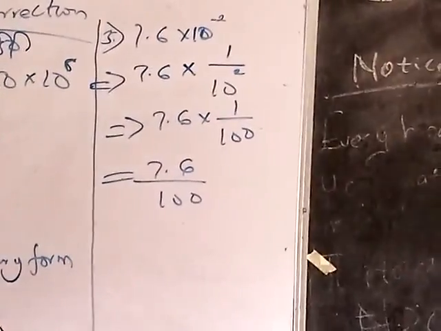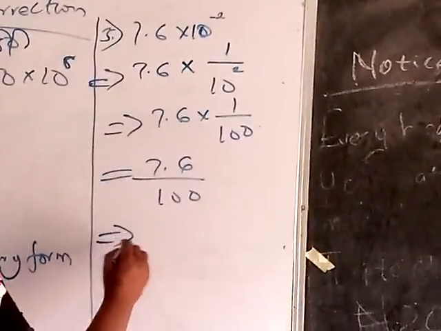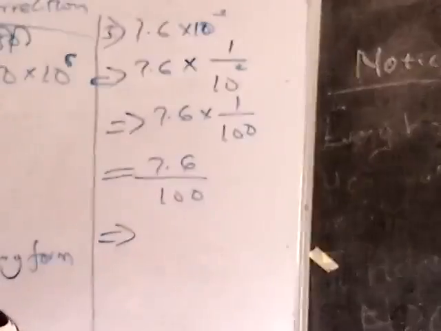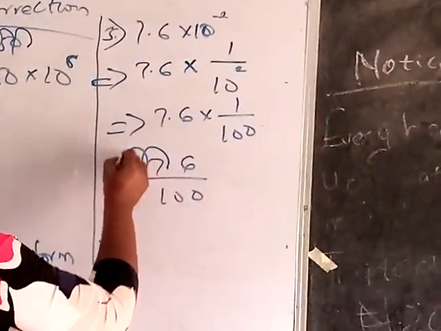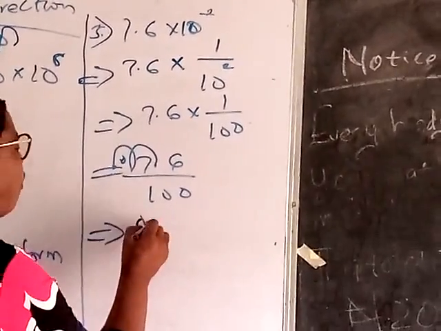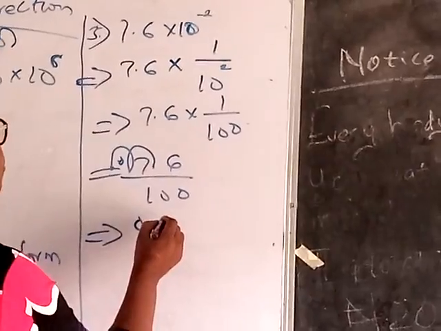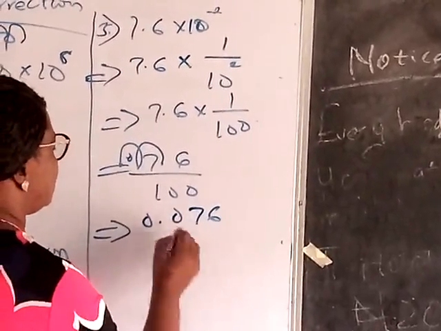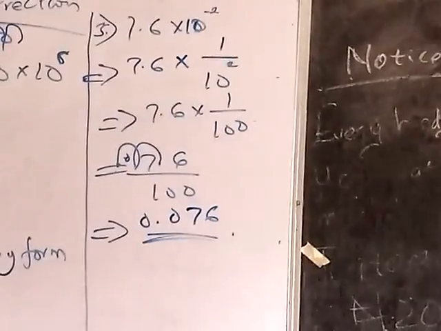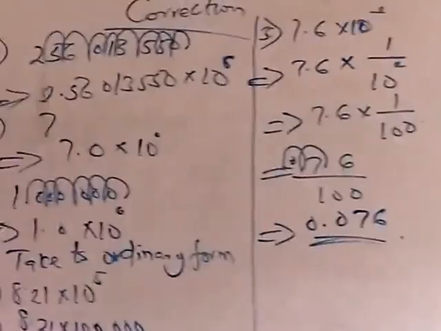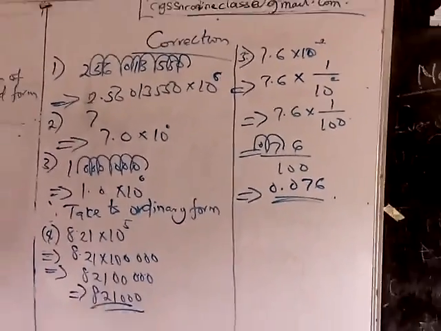Then changing that to a decimal number, 2 zeros here, just move your decimal point 2 times forward. That gives us 0.076. So those are the things we did last class.